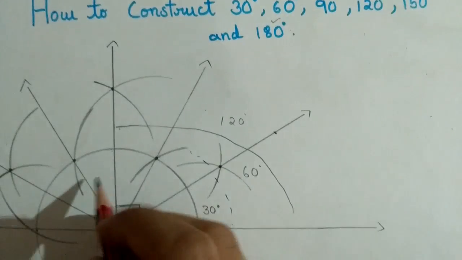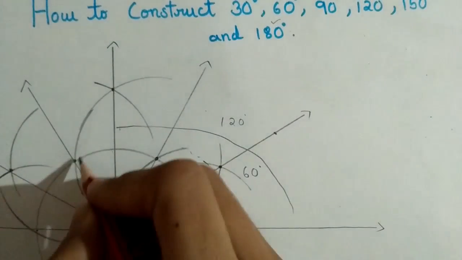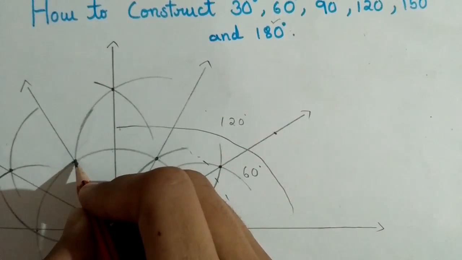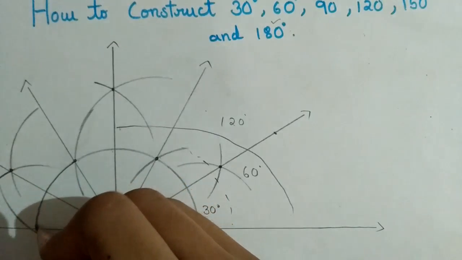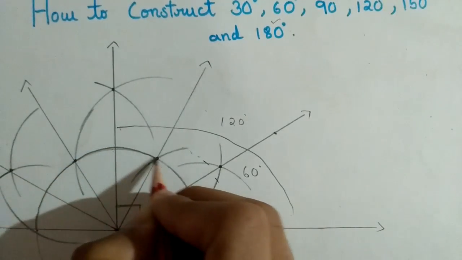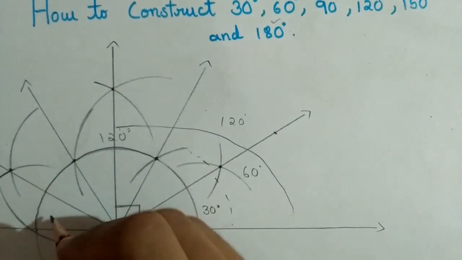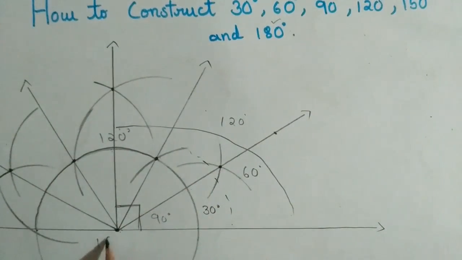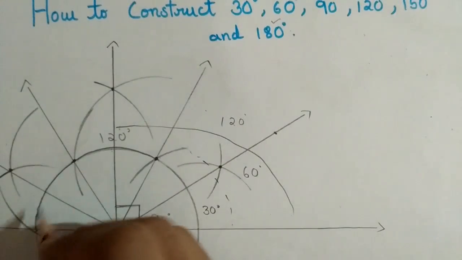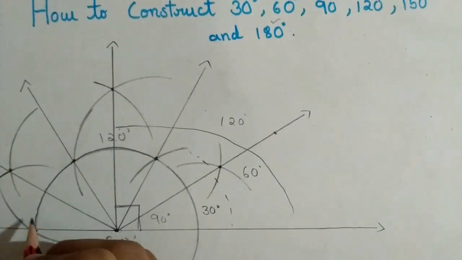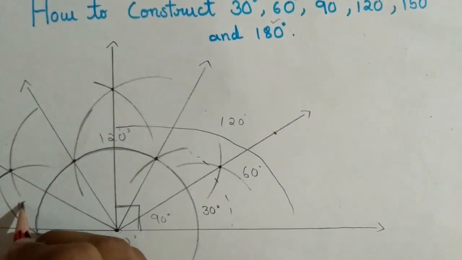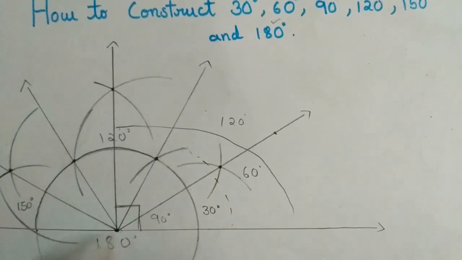I will mark here 120 degree, and now as this is the bisector, this whole angle is 180 degree, and as this is the bisector, this angle is 150 degree.